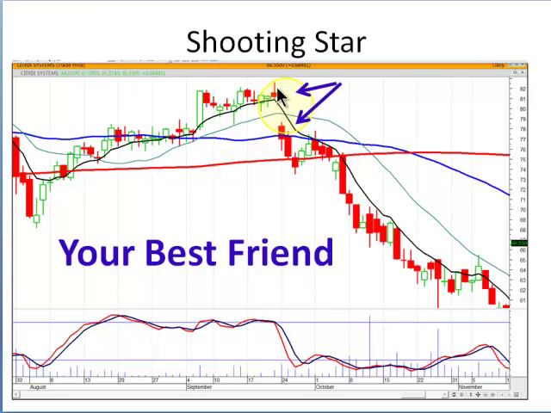Shooting star, gap down. Remember, a signal followed by a gap is your best friend. Where most other people will say, I don't want to short a gap that's already down 3, 5, 7, 10, 15, 20, 30%, you do if it follows a candlestick signal, because that tells you there's a force that's going to continue that trend much further.